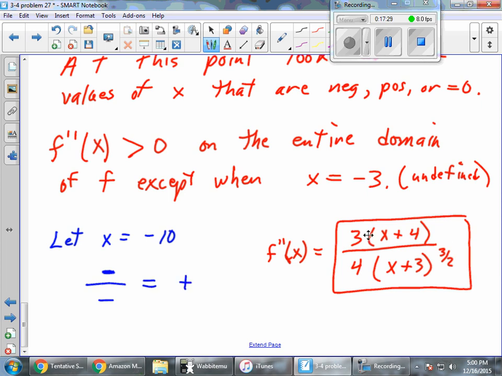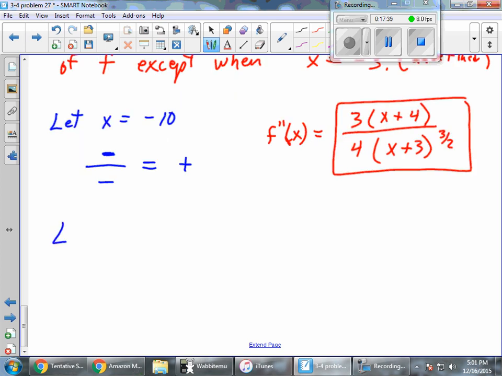And then obviously, if you let x equal positive numbers, then this will be positive over positive. Let x equal positive 10, just to illustrate that, but it really can be anything. You'll get positive over positive equals positive. Okay, now this is very important.